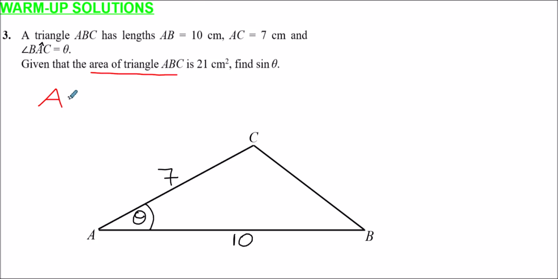So the area of the triangle ABC is going to be half ab sine C, where a, b, and c are just arbitrary letters. The main thing here is you can see that a and b have nothing to do with c. So a or b are just either side of the angle.